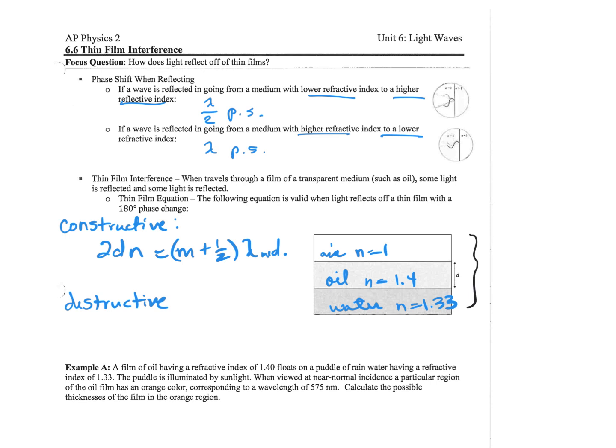So to get lambda in the medium, if you remember, n for the medium is equal to lambda in the vacuum divided by lambda in the medium. So lambda in the medium is the wavelength in the vacuum divided by n, which is really what we're getting.